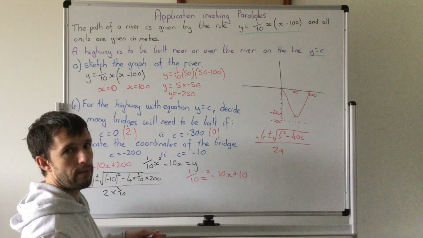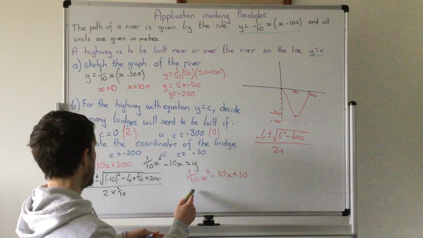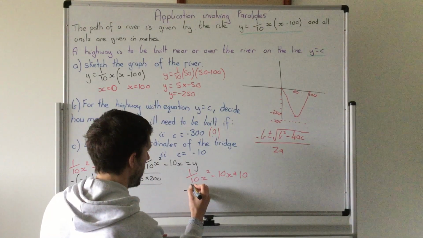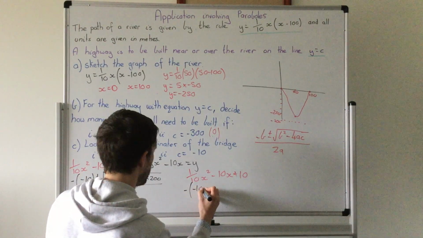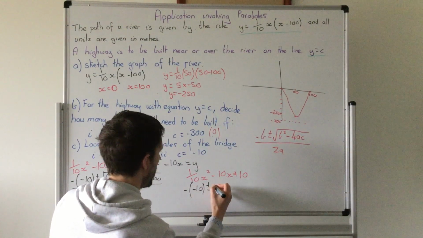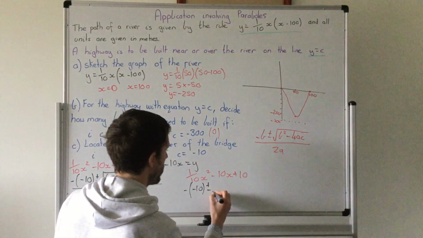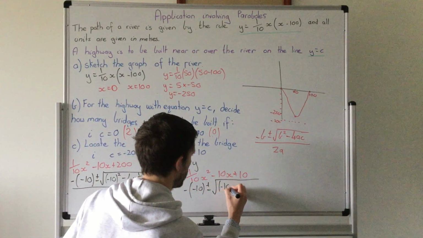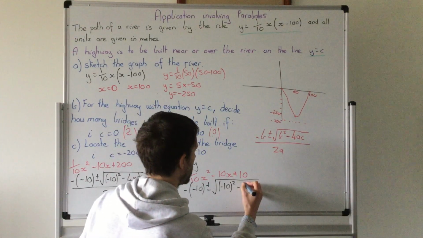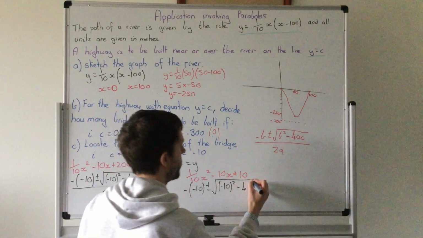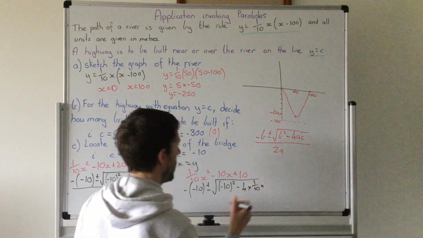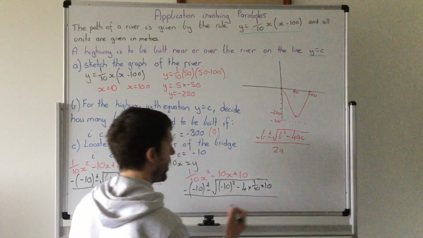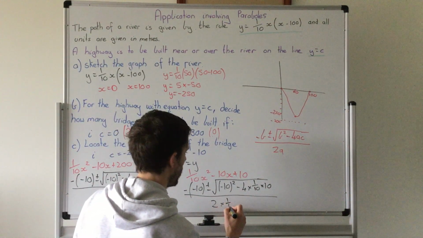I can also look over here and I'm just going to substitute everything in. So I've got negative B, which is negative 10, plus or minus the square root of B squared, so negative 10 squared, minus 4 times A, which is 1/10, times C, which is 10, divided by 2 times 1/10.